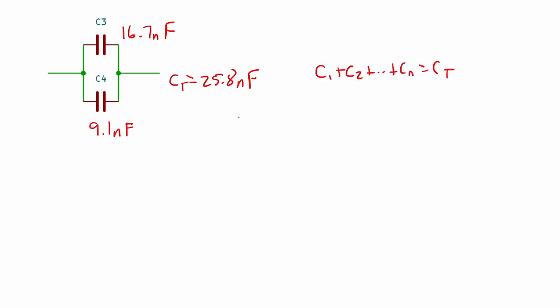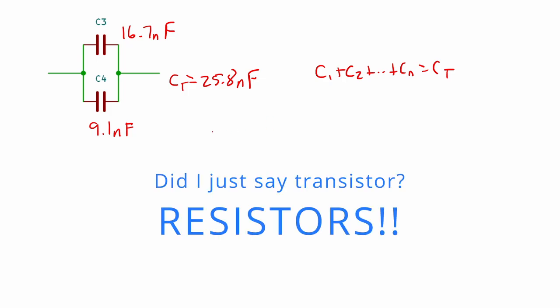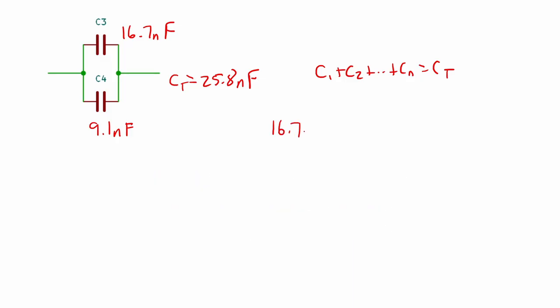This is again opposite of what we have for resistors. We put our numbers in: 16.7 nanofarads plus 9.1 nanofarads is 25.8 nanofarads. So it works out just fine. Capacitor networks are just like resistor networks, except we flip them. We saw that in our second example, where we had a parallel and series circuit, which we'll look at in a second.